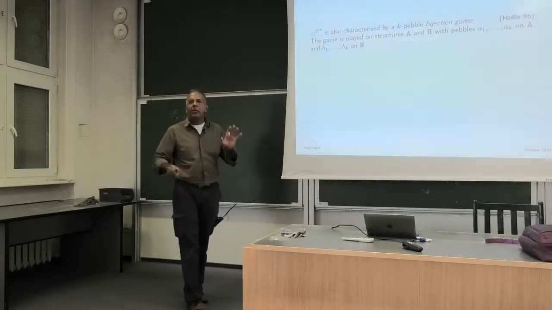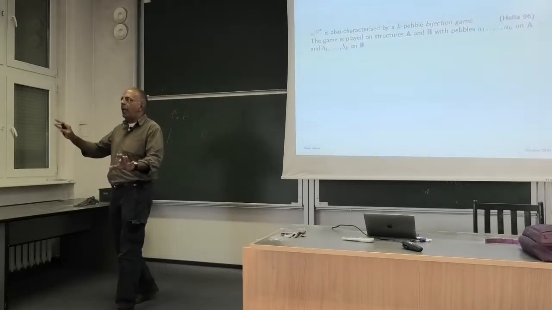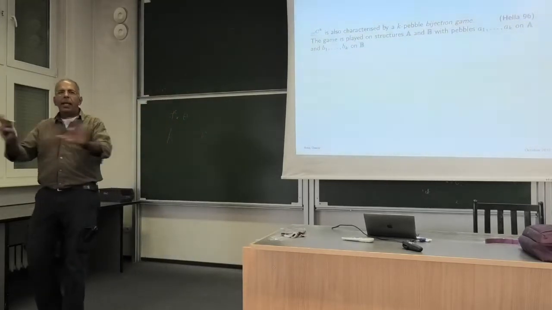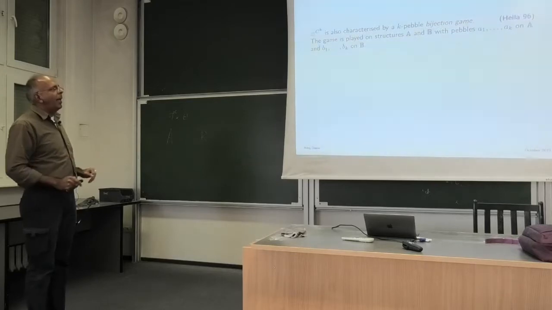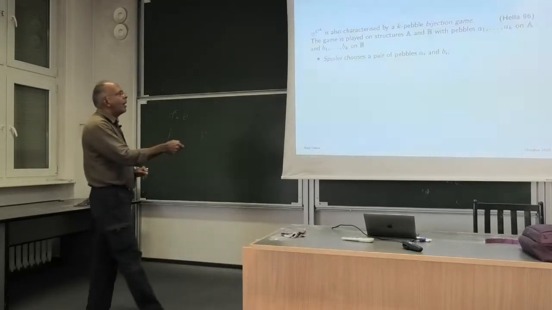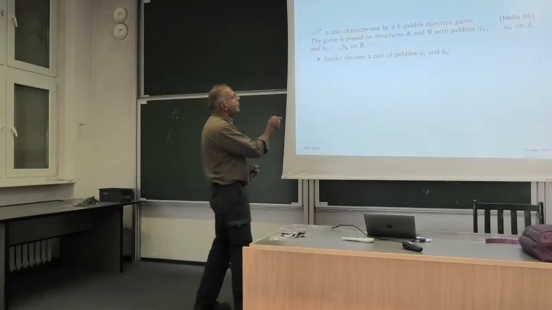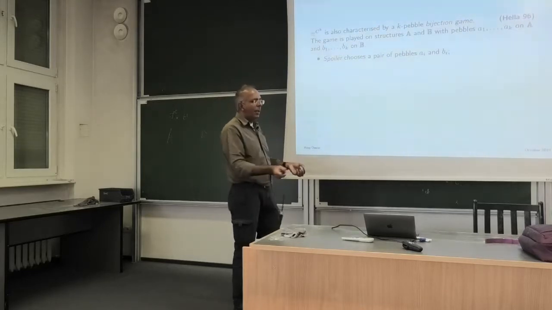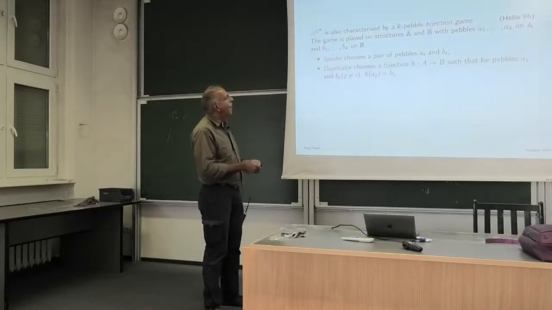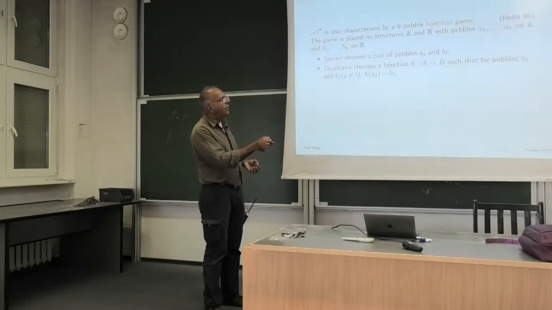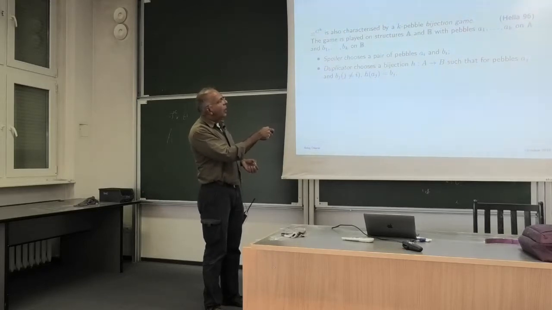Again, we have k pebbles, A1 to Ak on A, B1 through Bk on B, and that's a position in the game. At each move, Spoiler chooses a pair of pebbles that are going to move, and Duplicator has to give a bijection between the universe of A and the universe of B, which for those pebbles which are not moving, maps the current pebble position.